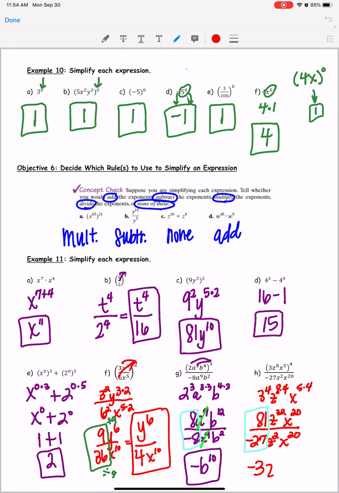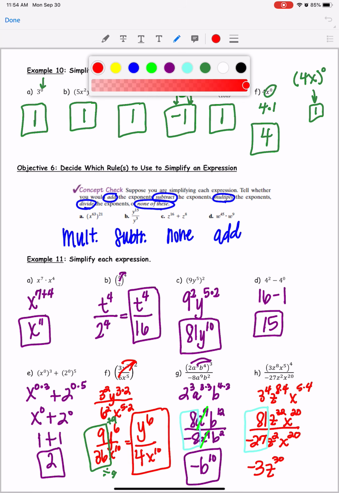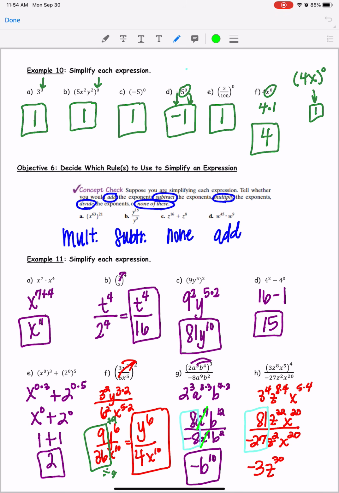So I'm going to get z to the 30th. And then likewise on that last problem with our a's, x to the 20th and x to the 20th, those are going to cancel each other out. So my final answer here is negative 3z to the 30th power. We divided here in the blue to get that negative 3, subtracted 32 minus 2 to get z to the 30th, and then my x's cancel out since they're both to the 20th power.